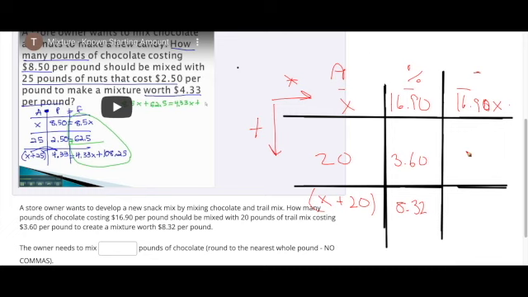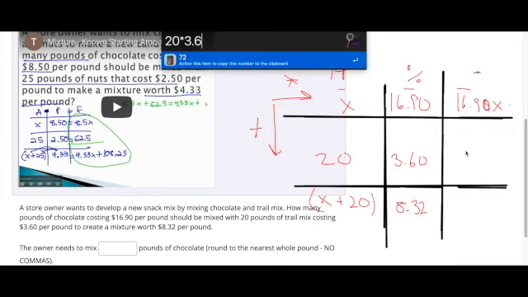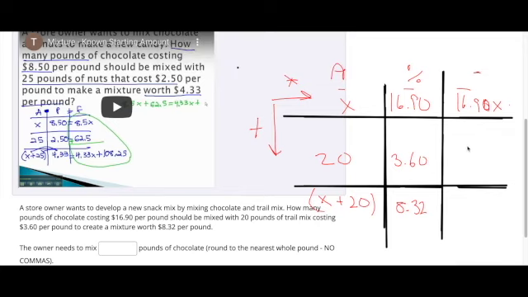Now 20 times 3.6, actually I know this already, but I want to make sure, is 72. And it's good to have a calculator on hand just so you can do this kind of stuff without taking too much time. 72. And now if you remember what I said to do, we're going to have to find some way to equate these with these. So we're going to multiply this with that.